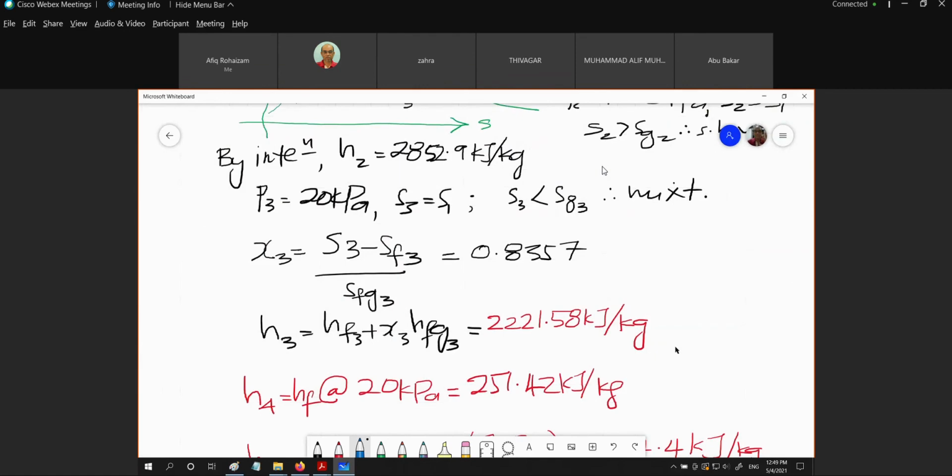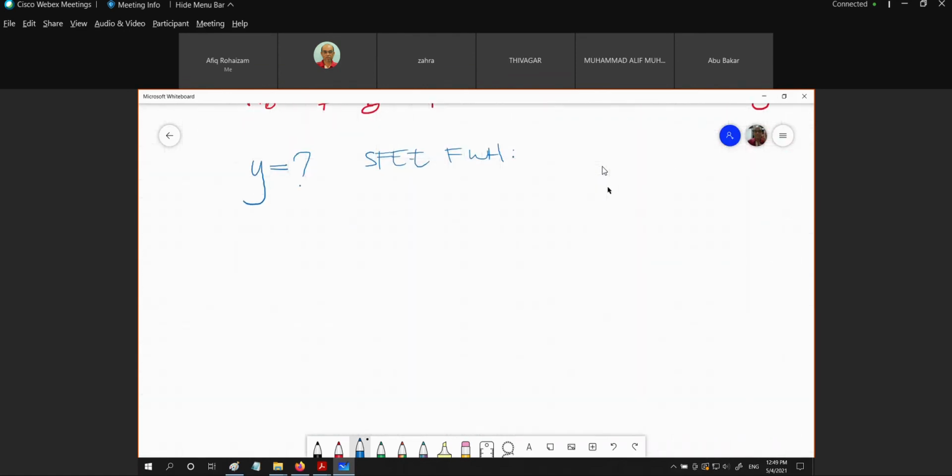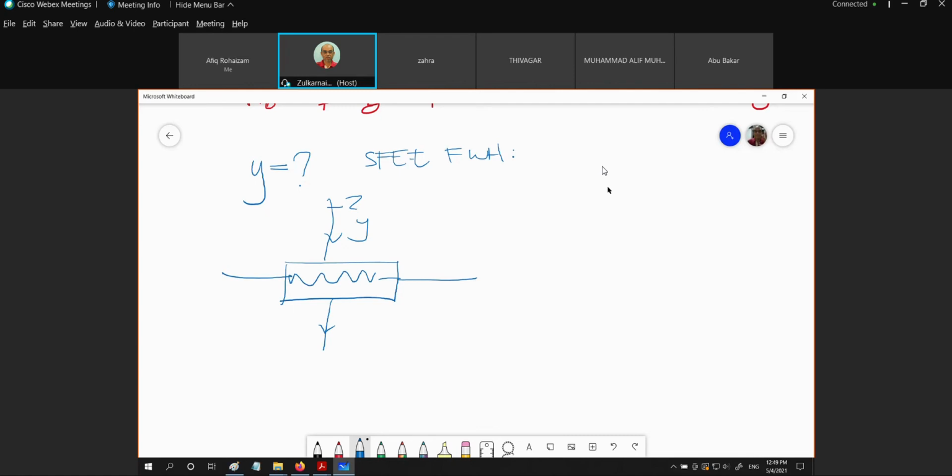Okay, just to sketch it back to have a very clear picture. So this is our feed water heater. This is our state 2, Y. This is our inlet after the pump. So after the pump, what is the state after the pump? 5, right? So this is 5 and the fraction is 1.